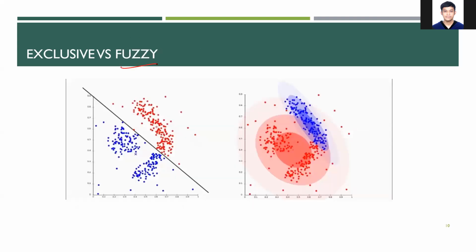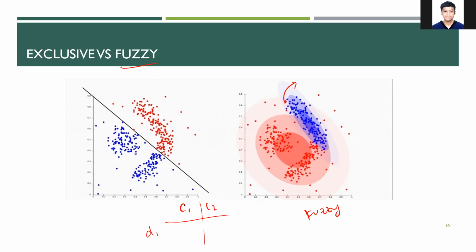If we talk about fuzzy, this is the fuzzy. Each data point has a membership value to each cluster. For example, we have cluster 1 and cluster 2. Let's say this data point, data 1, is very close to the blue cluster.